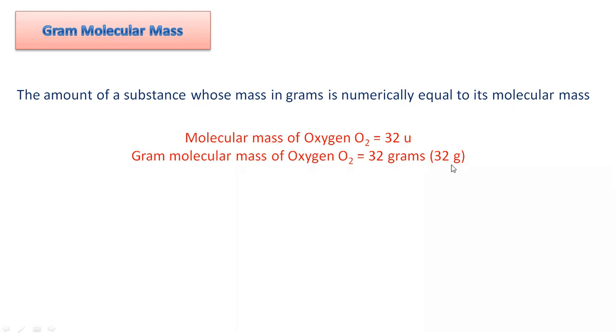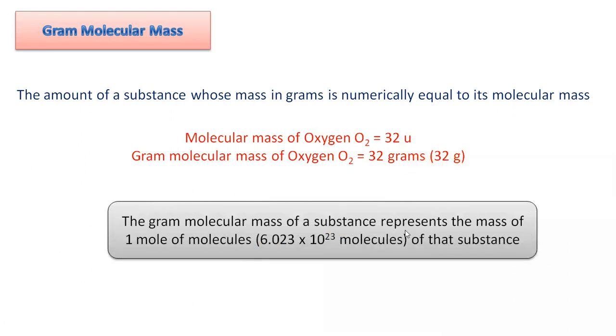And again the symbol is g, grams. The gram molecular mass of a substance represents the mass of 1 mole of molecules of that substance. That means how many molecules are present in that 1 mole? 6.023 into 10 raised to the power 23 molecules.